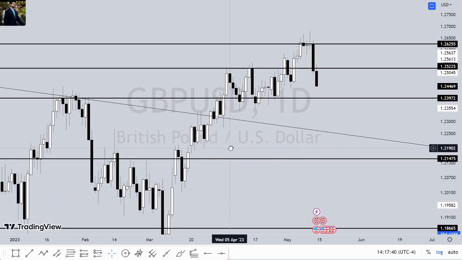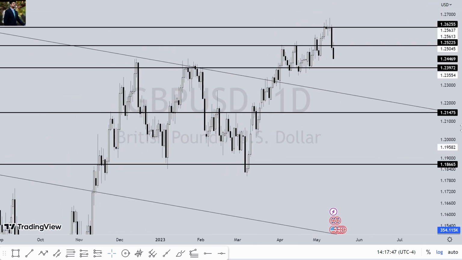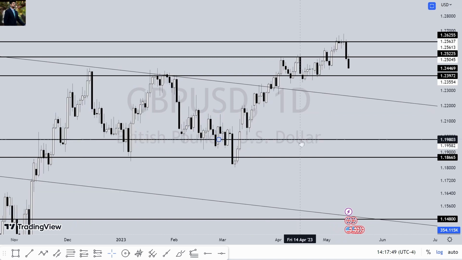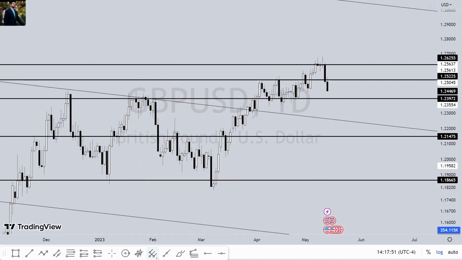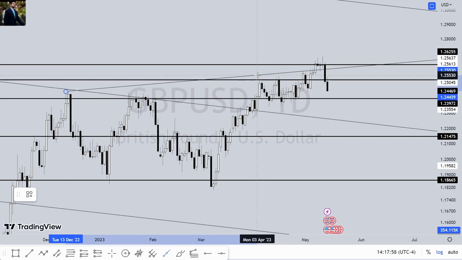So the levels are marked. What I'll do is I'll just try to draw some trend line if we can. I try to do my best in drawing the trend line, but in case we can't, we'll use the pitchfork. So that is key, right?